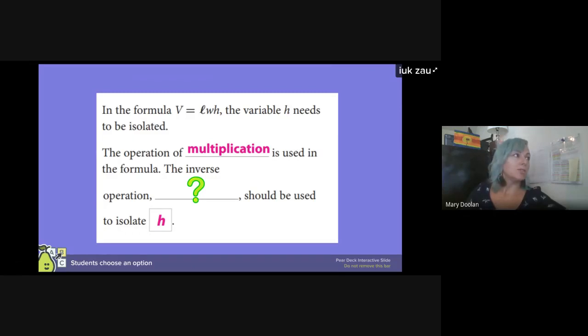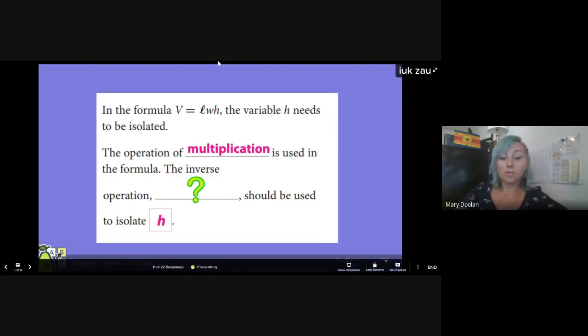What is the inverse operation that we would use to isolate H? I'm trying to get H by itself. Okay, so I have 10 responses, about half of you guys, 11.